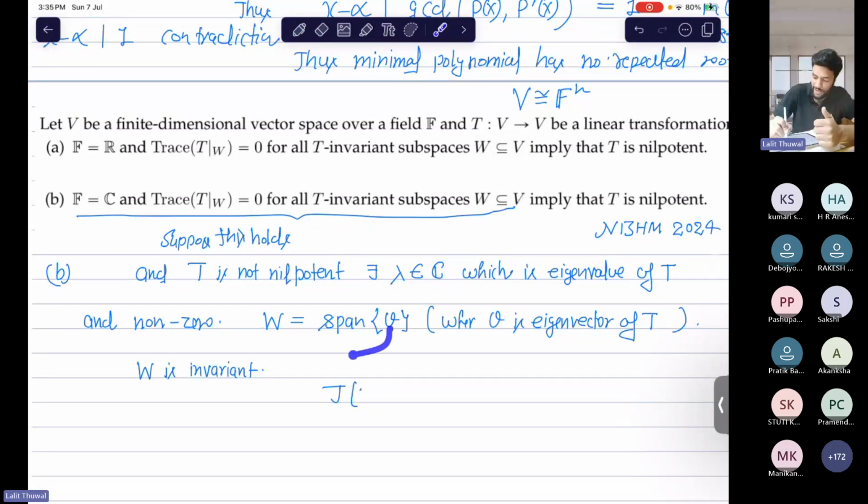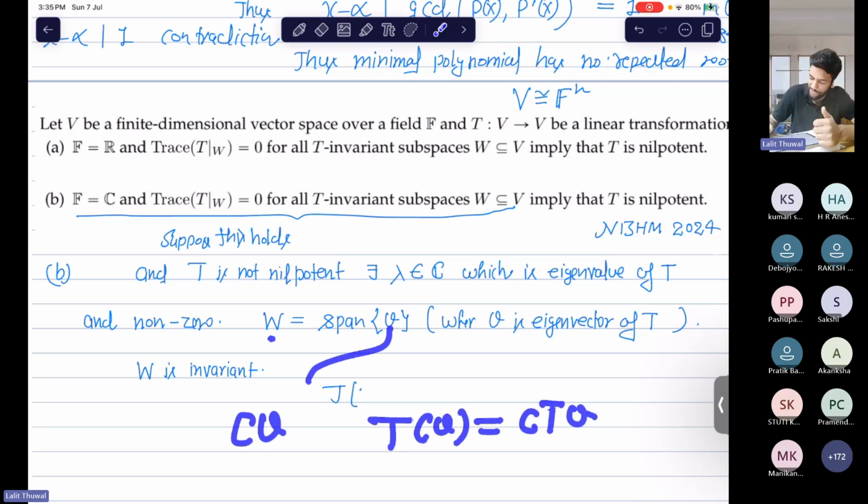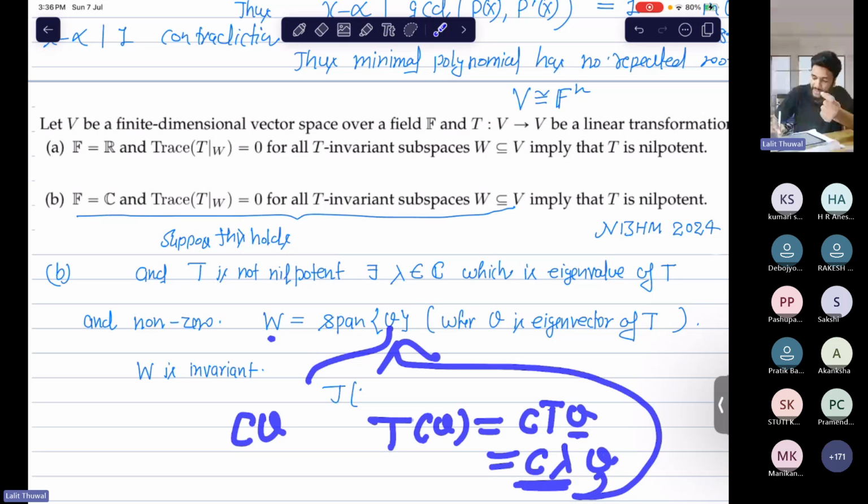What kind of elements are inside W? Scalar multiples of v. So T of cv, the image of any vector under T, is cTv. But v is an eigenvector, so it comes out to be c lambda v, which is again a scalar multiple of v. So this must be inside W, because the scalar multiples are in W. So W is invariant.